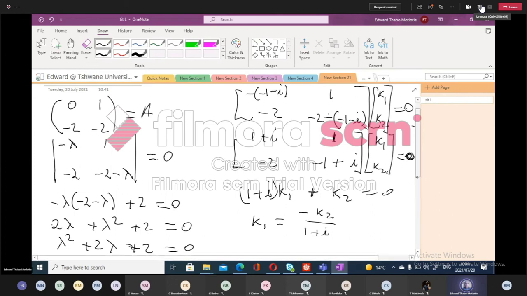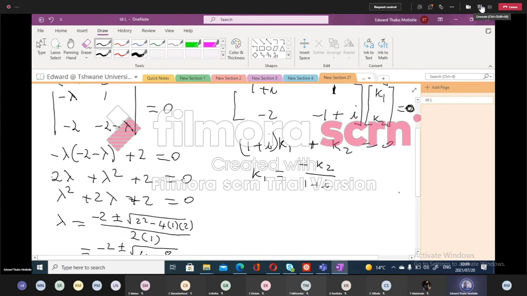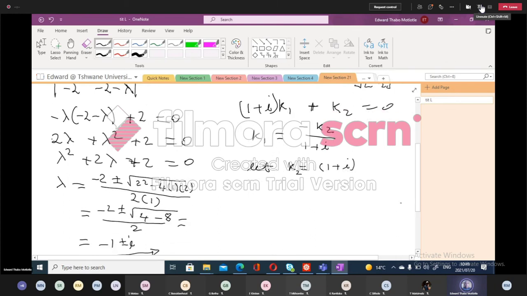Okay, so from here, you can clearly see that we let K2 be equals to 1 plus i. So if K2 is equals to 1 plus i, this means K1 will be equals to minus 1 plus i. So I just wanted to show you. So now this will be your eigenvector.